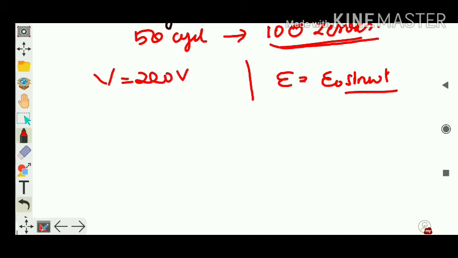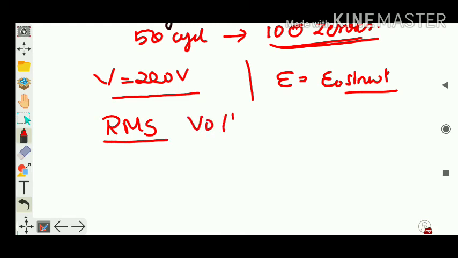But I just told you voltage as a constant number. That is where the term RMS, root mean squared voltage, comes up. Very, very important term, RMS voltage. The 220 volt which you see here is the RMS value of the AC voltage.